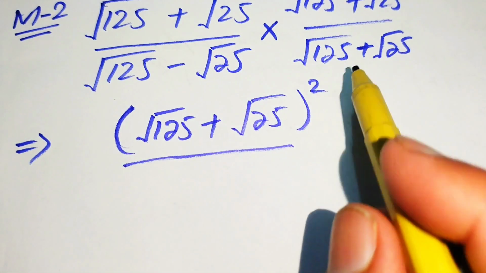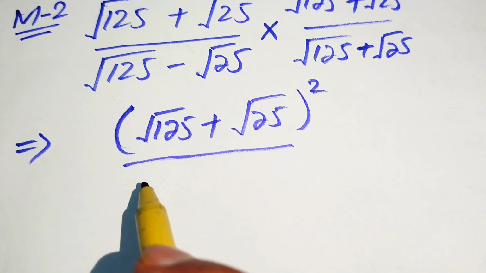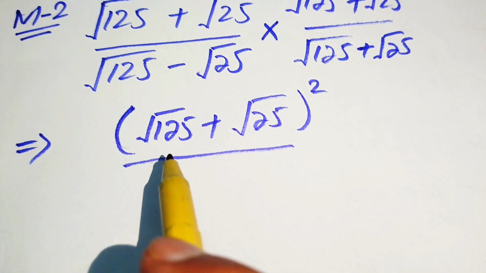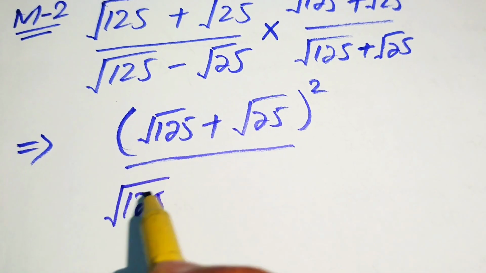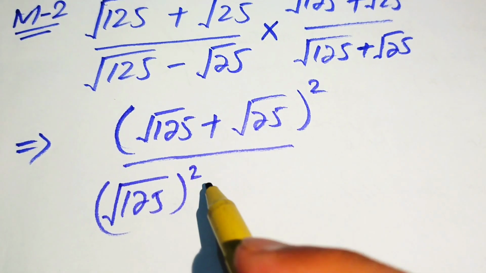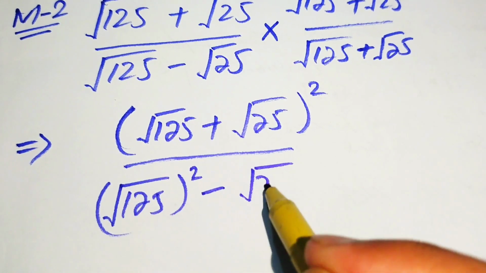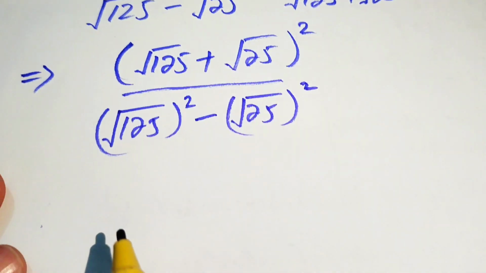When we combine these two terms by using the square identity mentioned in the first method, we write it as (√125) whole square minus (√25) whole square.